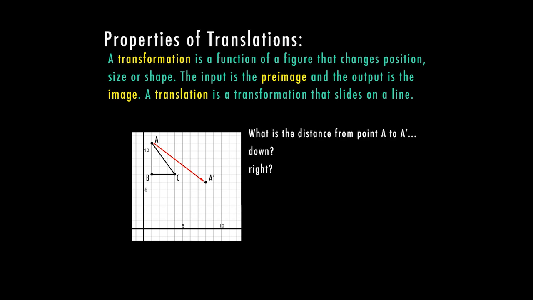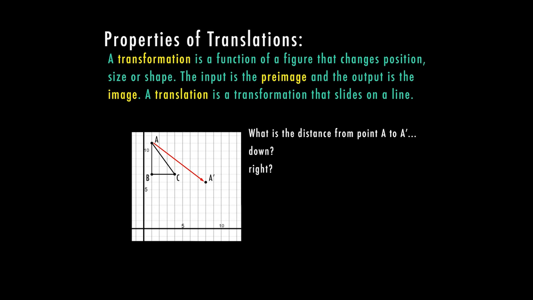So first let's figure out what is the distance from the original A, which is my pre-image, to my image A at the bottom. And you can tell which one is the original and which one is the image, because the pre-image, or the input, is going to just be labeled with the letters A, B, C. Your image, or your output, is going to be A with an apostrophe.